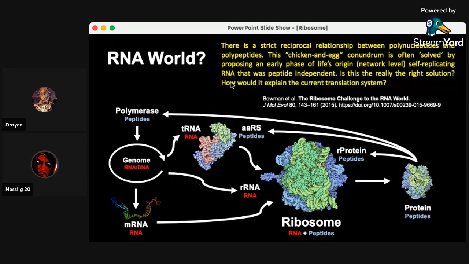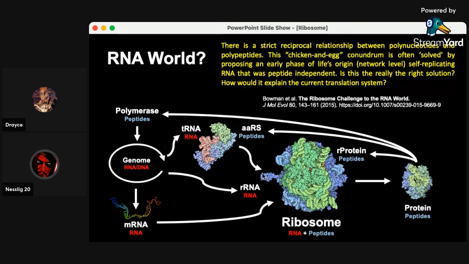So as I say, there's a strict reciprocal relationship between polynucleotides and polypeptides. This chicken and egg relationship is often solved by proposing an early phase of life's origin with network level self-replicating RNA that was peptide independent. However, is this really the right solution? How would it explain the current translational system?